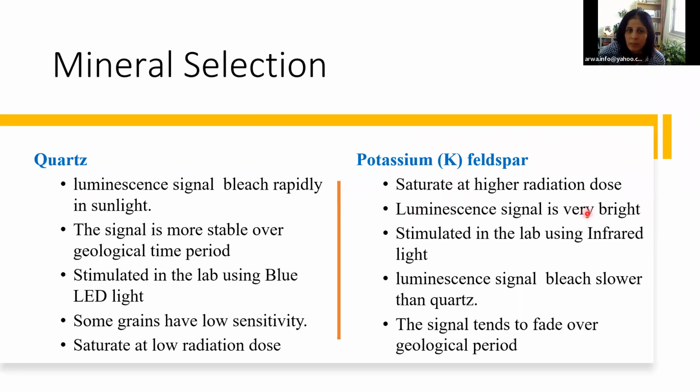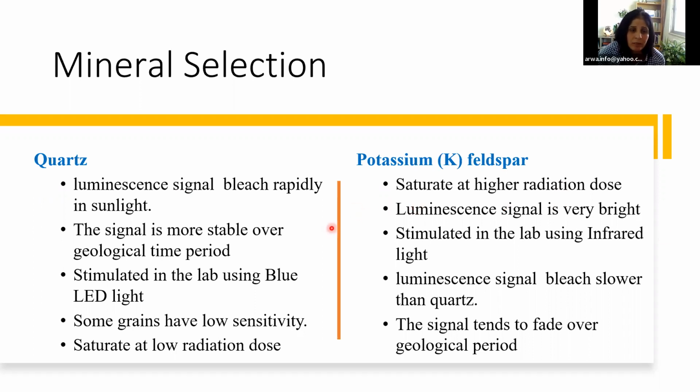In general, both minerals are used for luminescence dating. However, selecting the mineral usually depends on the abundance of the mineral in the sample itself. It also depends on the luminescence characteristics of potassium feldspars or quartz. For example, the quartz luminescence signal bleaches rapidly in sunlight compared to feldspars, and the signal is more stable over geological time periods.